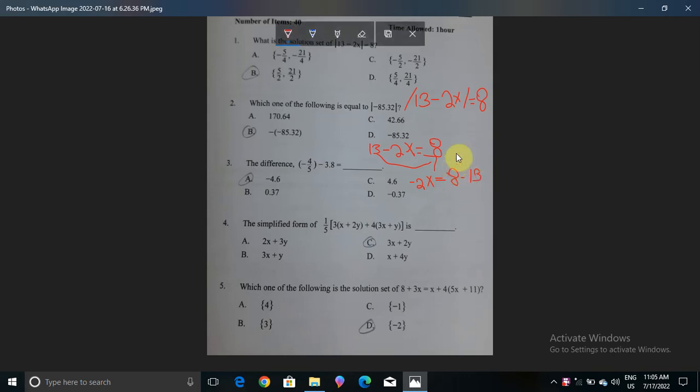Right? Then what we will have here is negative 2x is equal to negative 5, right? Then divide both sides by negative 2.